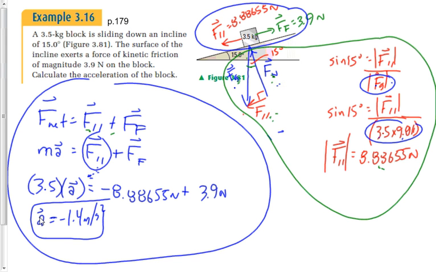Yes, you could, right? Tan 15 degrees is equal to opposite, F parallel, over adjacent, Fn. But that would be twice as much work, right? Because you've just done the work to find Fn, and now you're doing the work to find F parallel. Here, all we did is find F parallel. We didn't need to find Fn first. So one calculation here would be two calculations the way that you're suggesting.